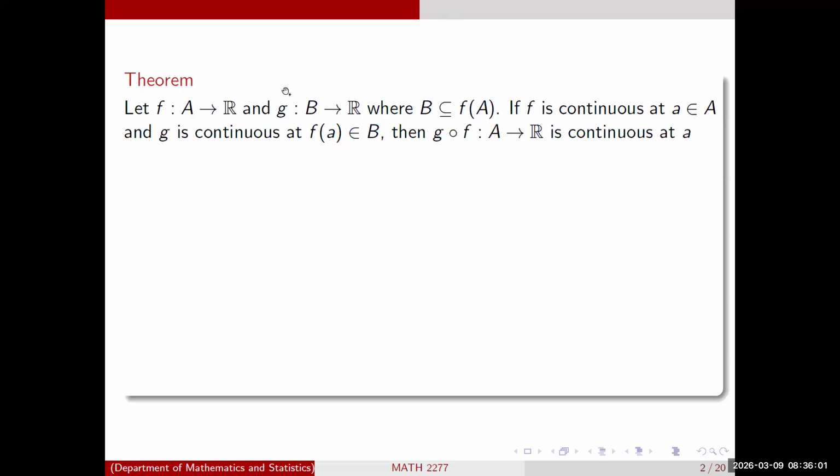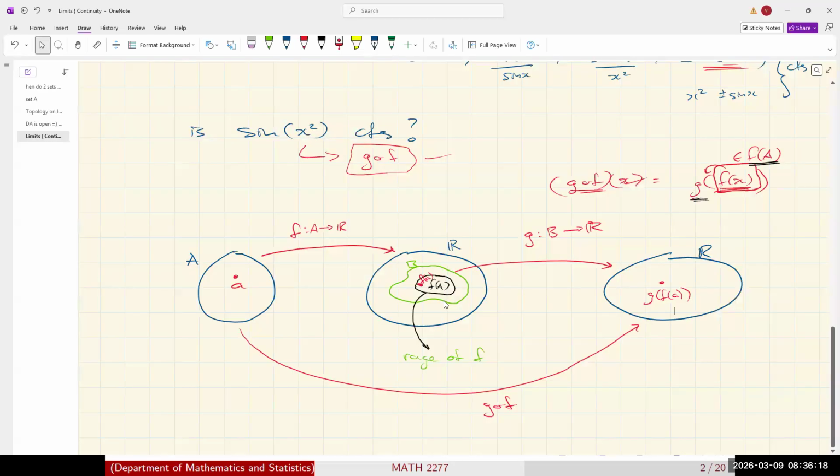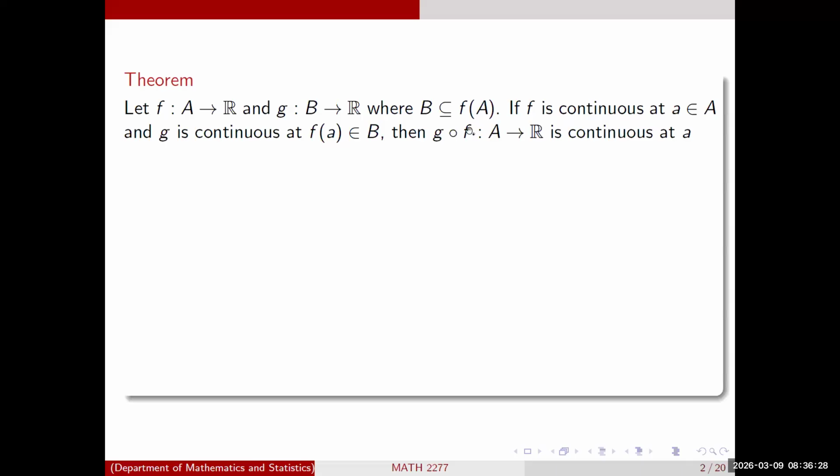Okay, so we'll see. Back to the statement: f is a mapping from A into R and g is a mapping from B into R, where B is contained in f of A. If B is contained in f of A, what was B? I had it correct the first time.